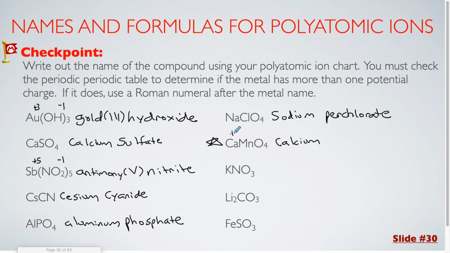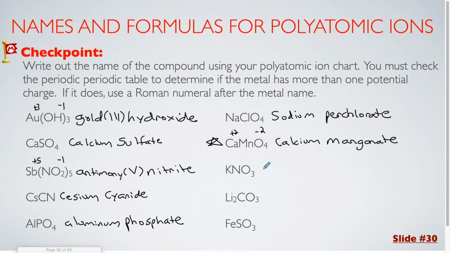Calcium is always a +2 charge, and it looks like there's 1 calcium for every 1 of this ion, MnO4. That means that this is likely going to be a -2 charge in order to cancel it, and that helps me to identify my polyatomic ion this time. This is going to be calcium manganate. The MnO4 with a -1 charge would be permanganate.